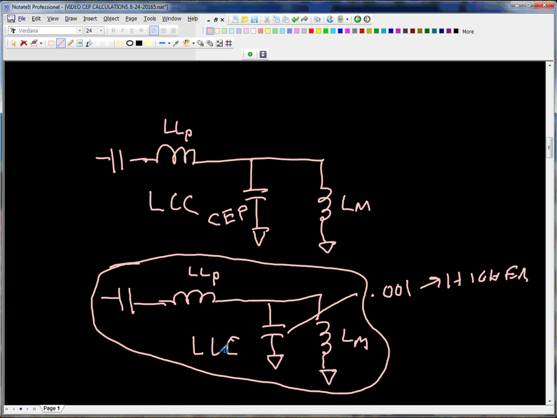The LLC designers don't want to see any capacitance down here. 200 or 300 picofarads is okay, but 1,000 picofarads up, not so good. I wanted to mention that because I did discuss it in the first page.